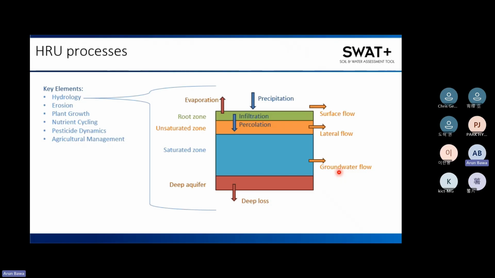And the water that entered as infiltration, what would be the fate of that? Some of it would go to lateral flow, some would percolate into the deeper soil zones and into the shallow aquifer or your deep aquifer. Those are the hydrology processes in SWAT, so we are simulating the entire water cycle and each of these processes.